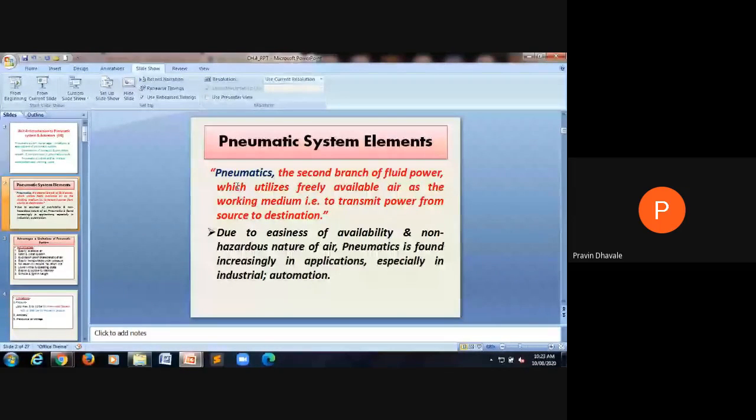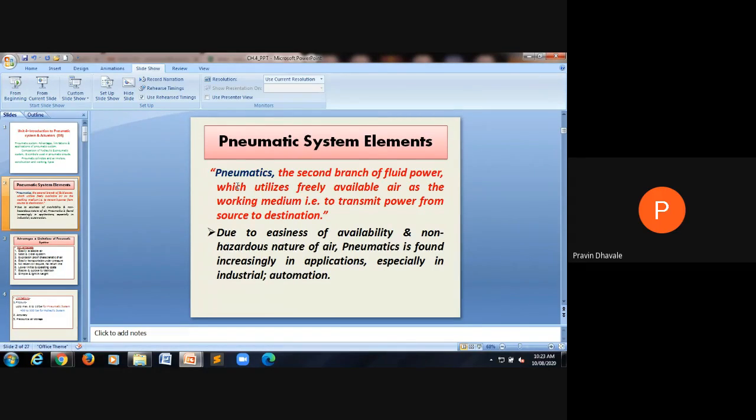The inputs are the compressors. What is the use of a compressor? They convert mechanical energy into fluid pressure energy or air pressure energy, right? And the actuator is the end element of the pneumatic system, where the fluid pressure energy is converted into mechanical energy.